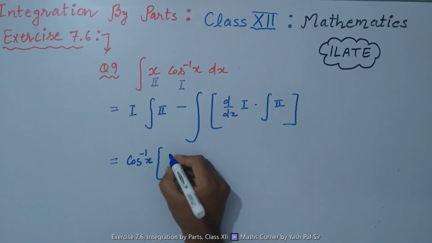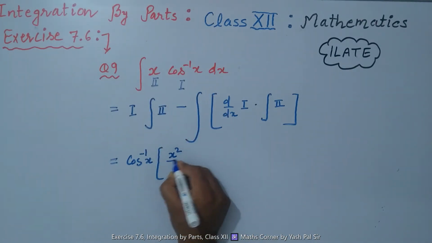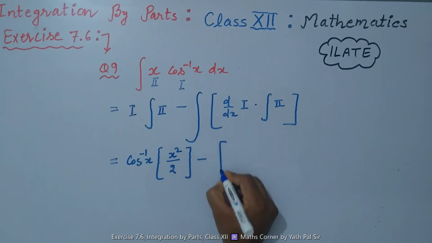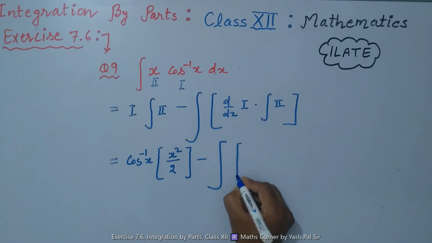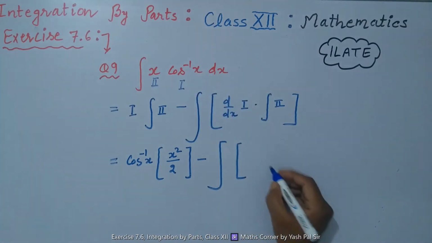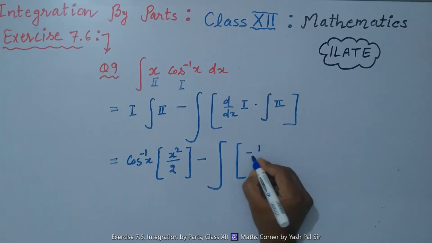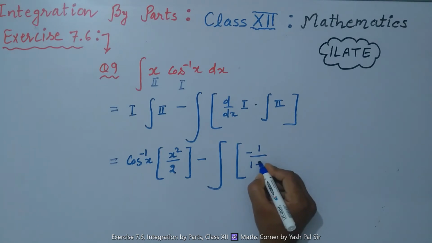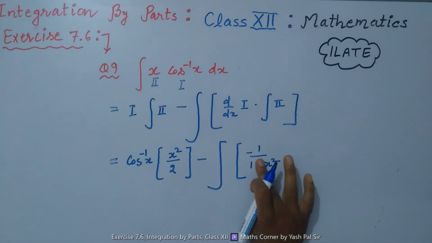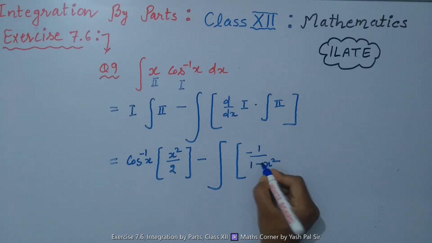Integration of x is x square upon 2, minus sign. What is the derivative of first function? Derivative of cos inverse x is minus 1 upon square root of 1 minus x square.